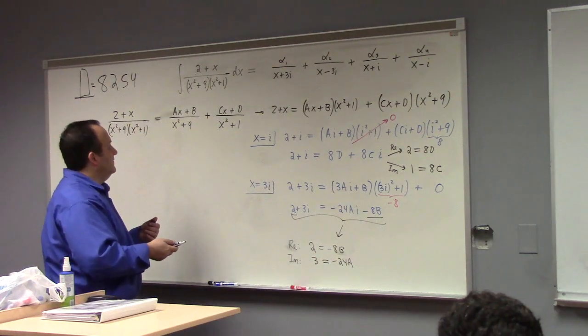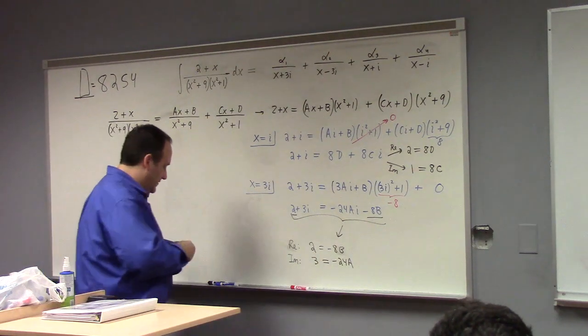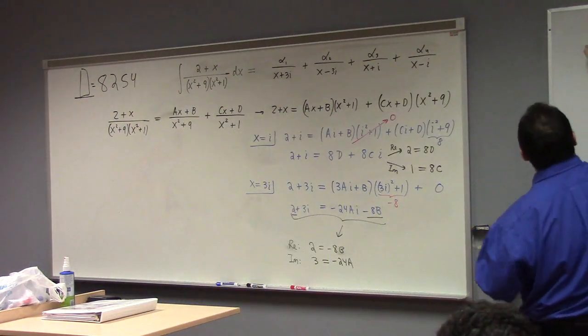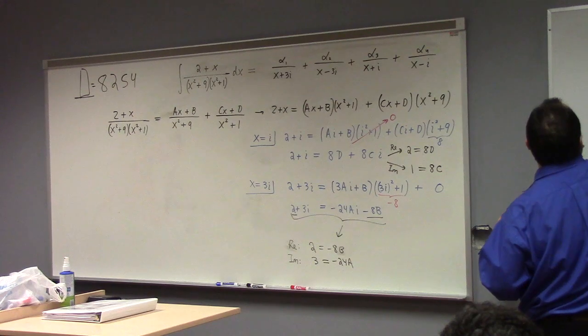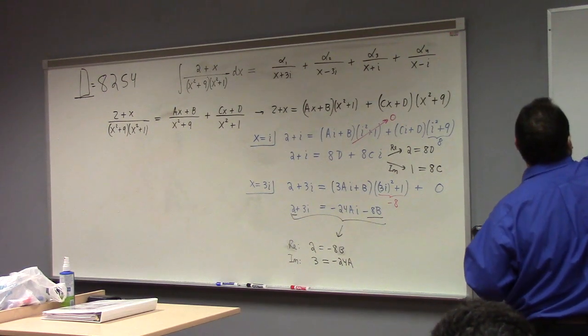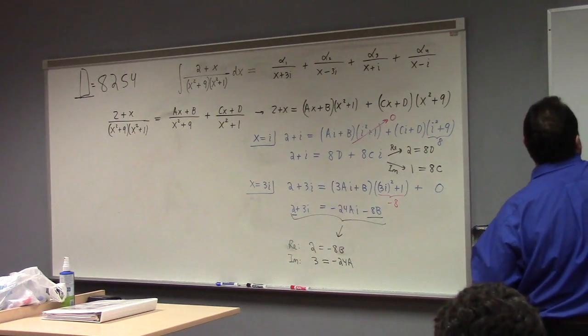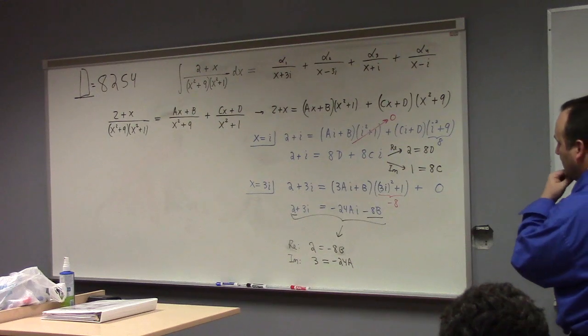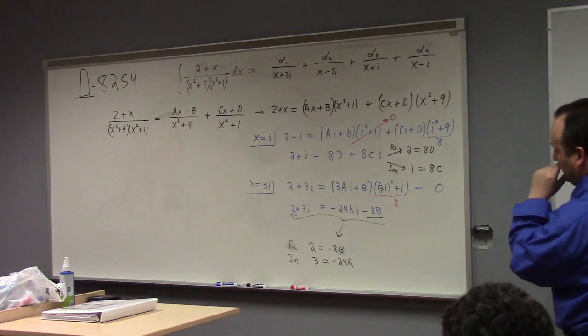Now we have all we need to integrate, right? Because, lo and behold, we've got the integral of 2 plus x over (x squared plus 9)(x squared plus 1) dx. Let's see my results.